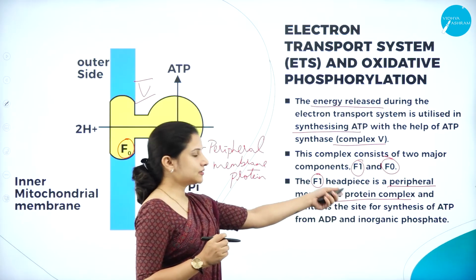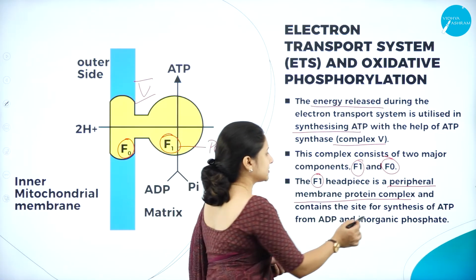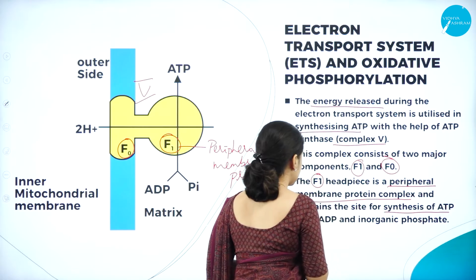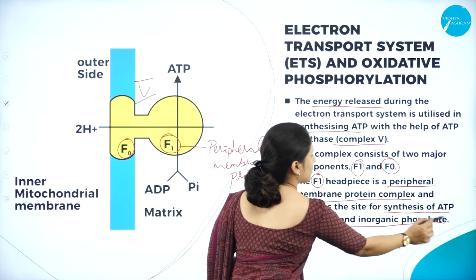This F1 peripheral membrane protein contains the site for the synthesis of ATP from ADP and inorganic phosphate.